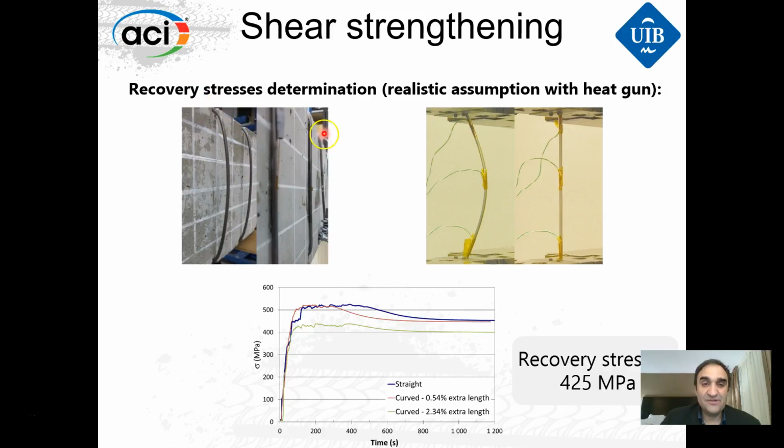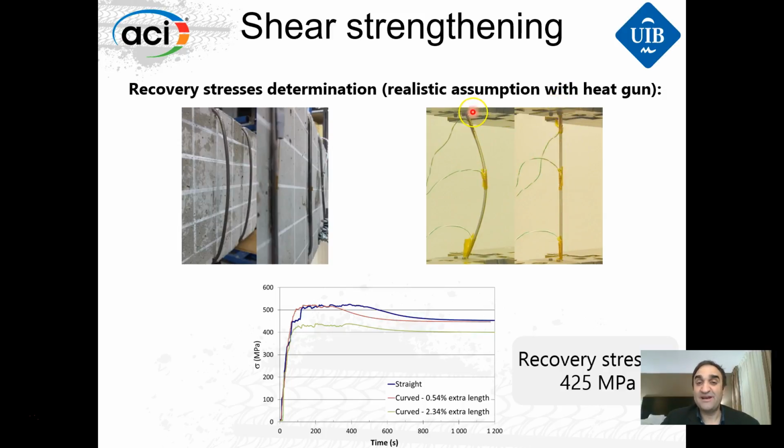At the end of the heating, you can see that the material is perfectly straight here, but at the beginning it was not straight. So we have simulated this in our testing machine, and you can see we have tests with different initial imperfections. We put it like this, and then we activate, we heat it, and after heating it, it's perfectly straight.